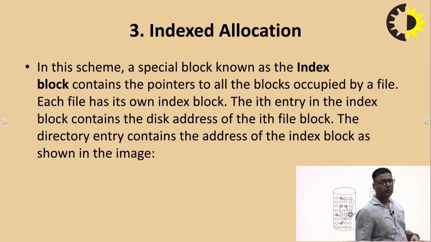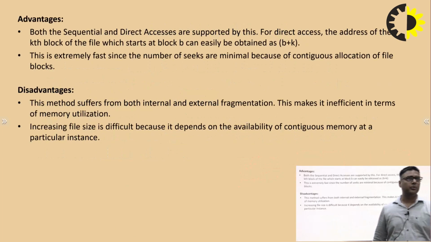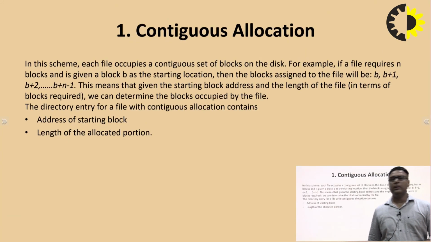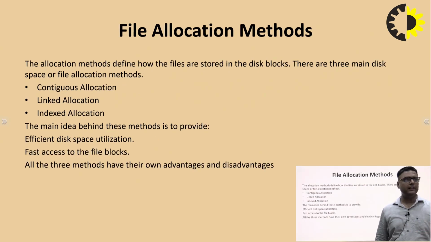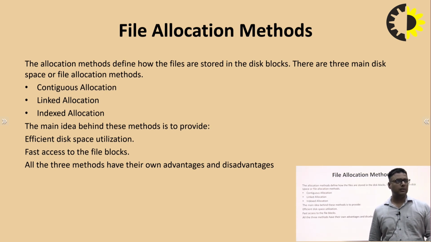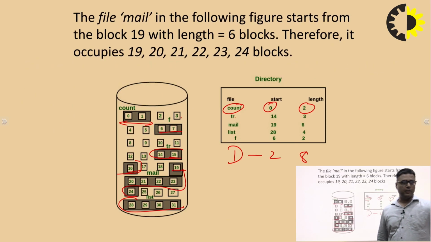From an exam point of view, most of the time in an exam I have seen the question: what are the file allocation methods? You have to write the three different ways: contiguous allocation, linked allocation, and indexed allocation. And you have to draw some diagrams. Through the diagrams, you help the other person understand how files work.